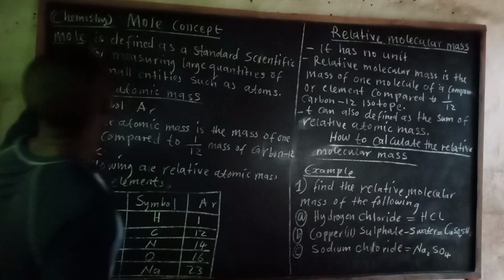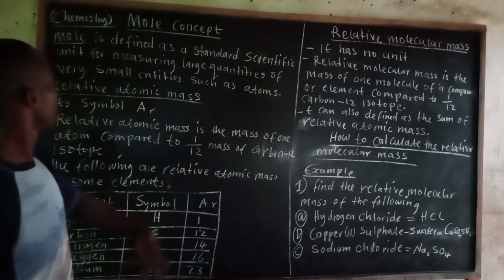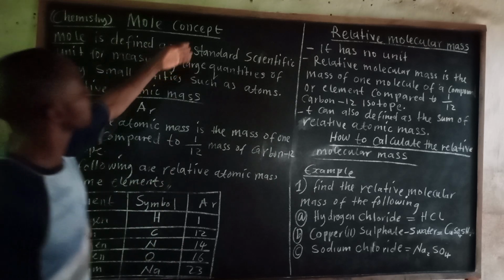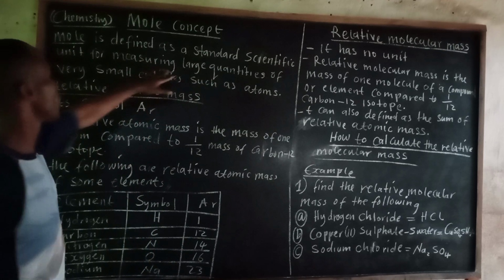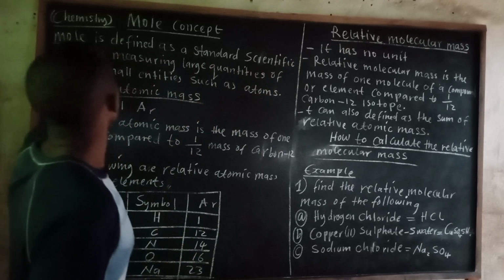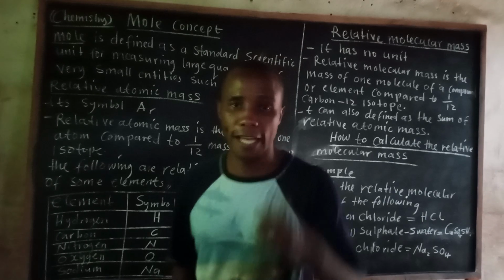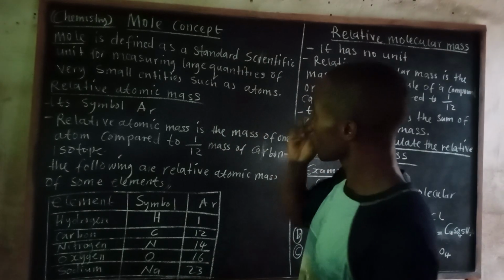First of all, I'll start by defining the word mole. Mole is defined as a standard scientific unit for measuring large quantities of very small entities such as atoms. That is the mole.